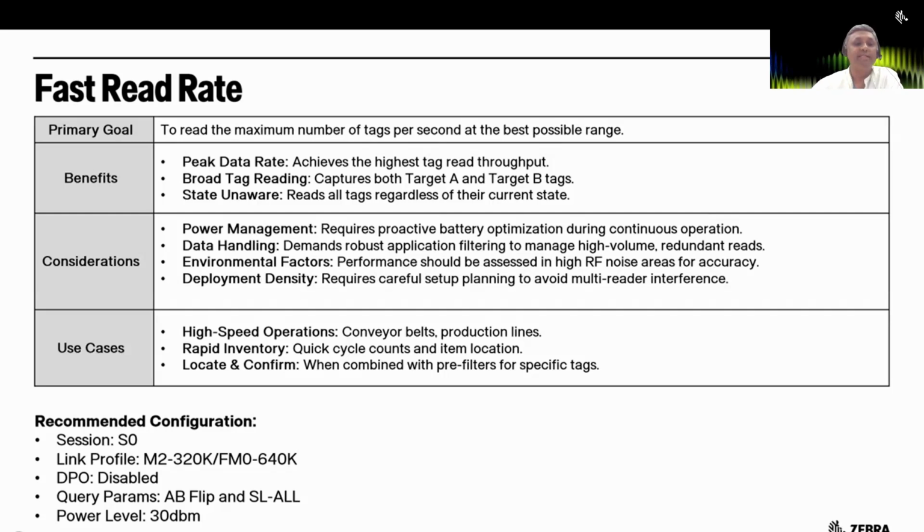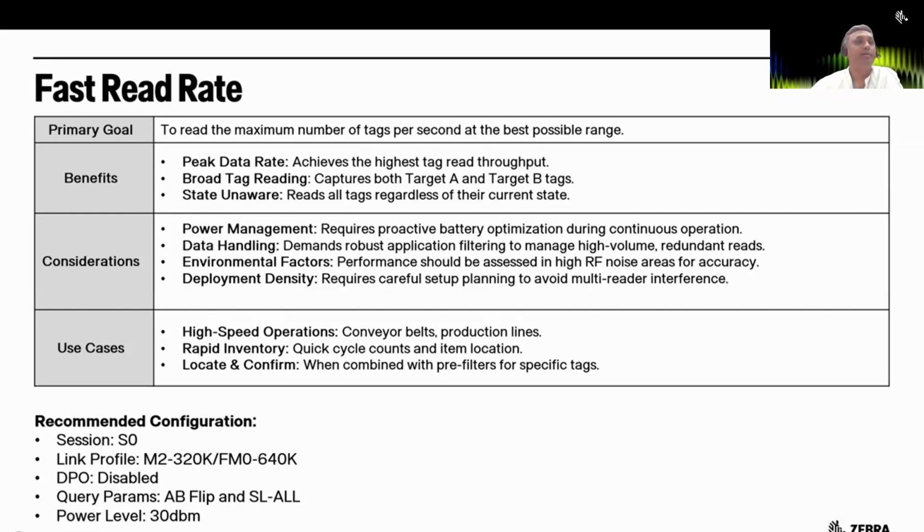Now let's see how we exactly achieve fast read rate. The recommended configurations to achieve this: it has to be on session 0, and then we need to configure a high data rate link profile. Based on the SKU of the devices you have, it has to be either FM0 640K or M2 320K.